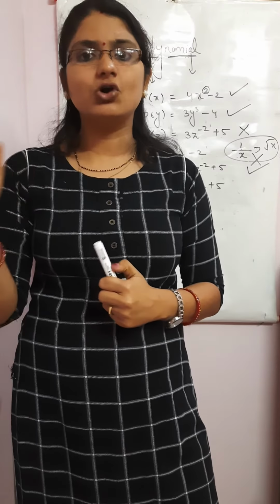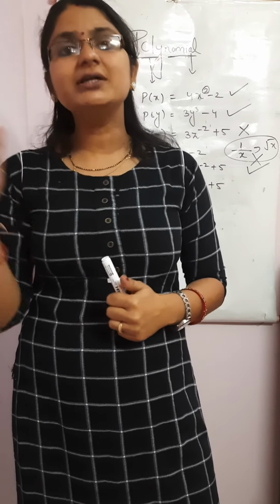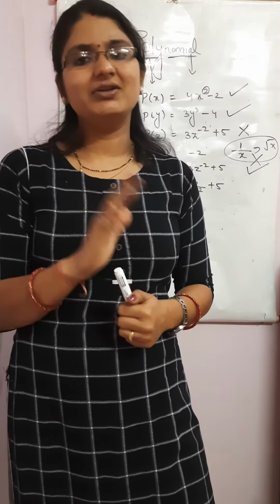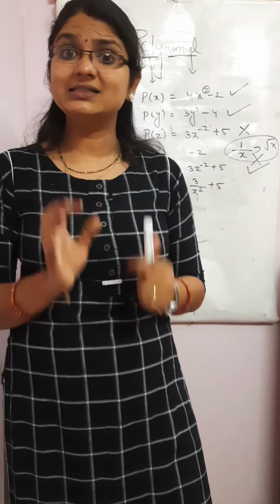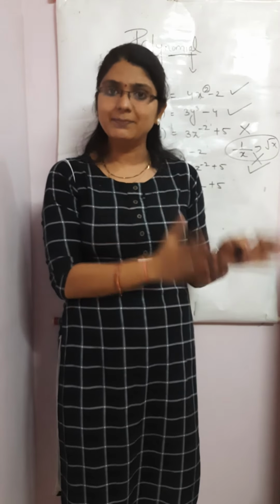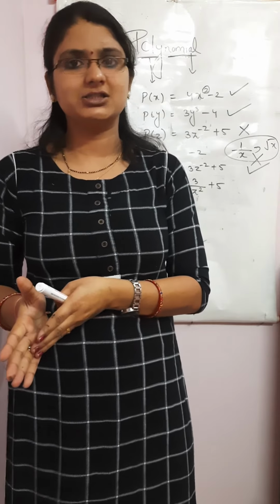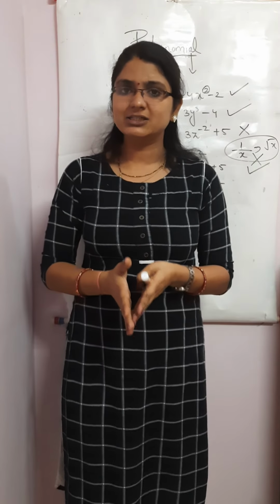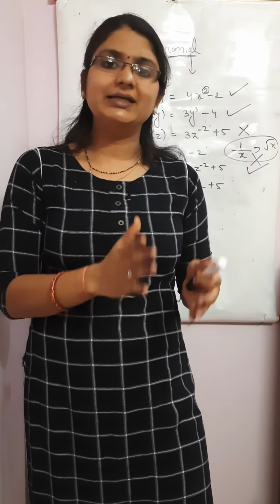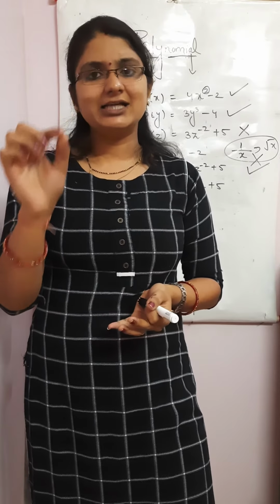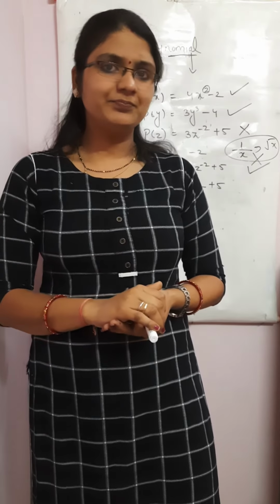This is the basic difference between an algebraic expression and a polynomial expression. In polynomial expressions, the exponent is always a whole number, but in algebraic expressions the exponent can be a real number or a rational number, right?